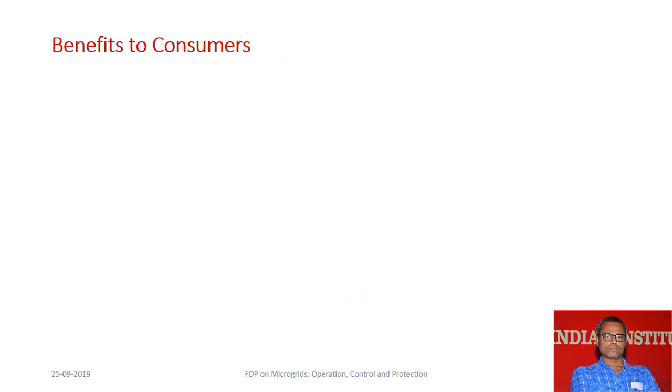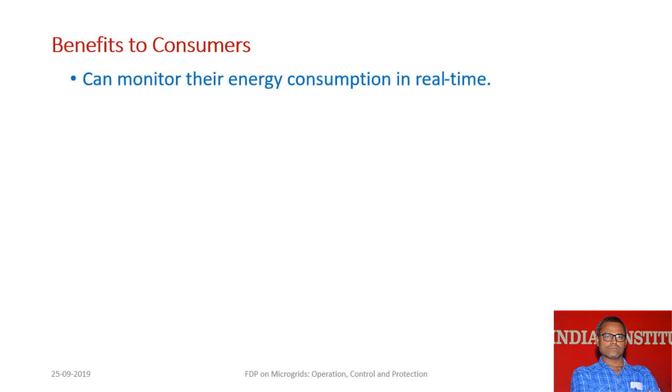So what are the benefits to the consumers when the system becomes smart? It can monitor their energy consumption in real time. Why is it essential? Because as the system becomes competitive, there are different prices offered in the market.